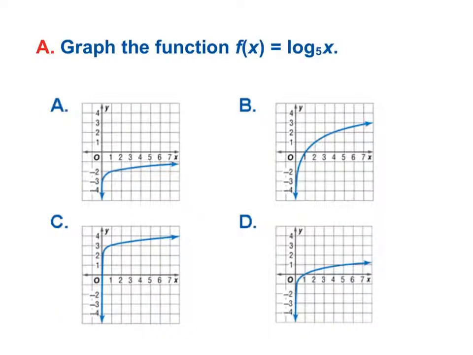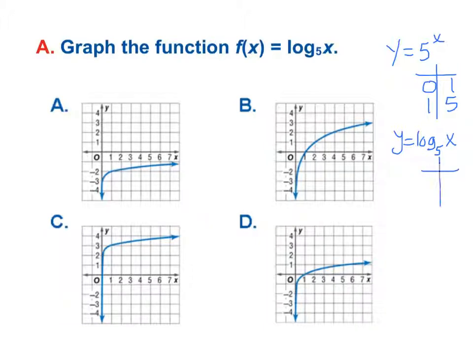So if you wanted to find which one of these is the function log to the base 5 of x, you would remember that its inverse is y equals 5 to the x power, which would have two basic points, right? If it's 0, it would be 1, and if it's 1, it would be 5. So what I'm looking for on the log base 5 of x would be the points 1, 0 and 5, 1.